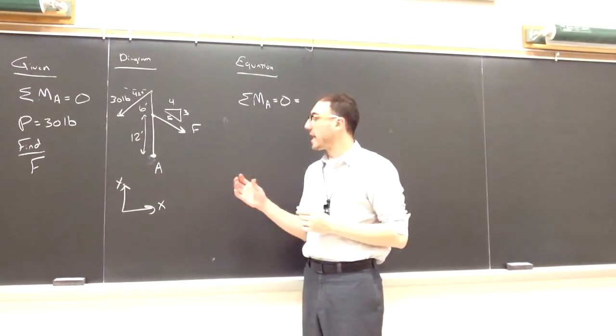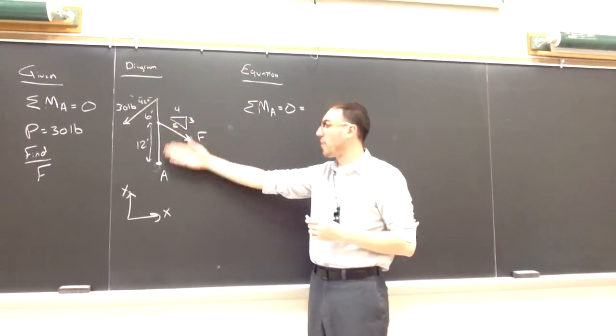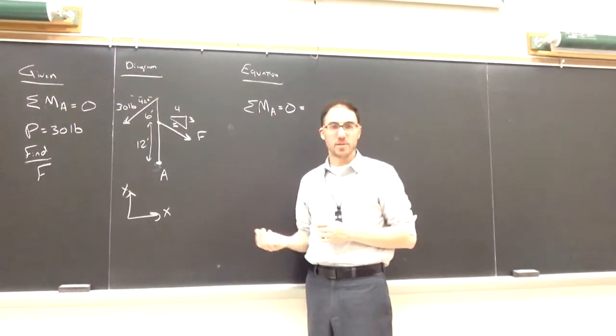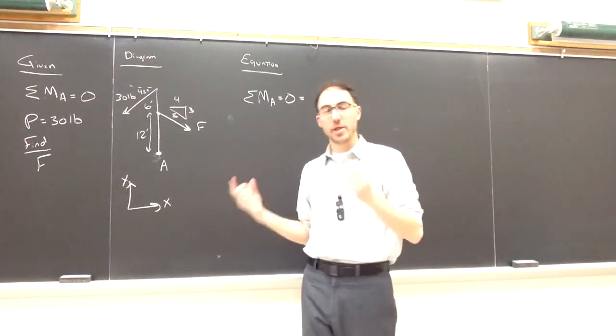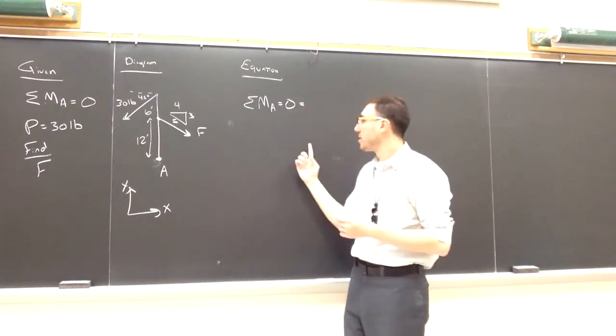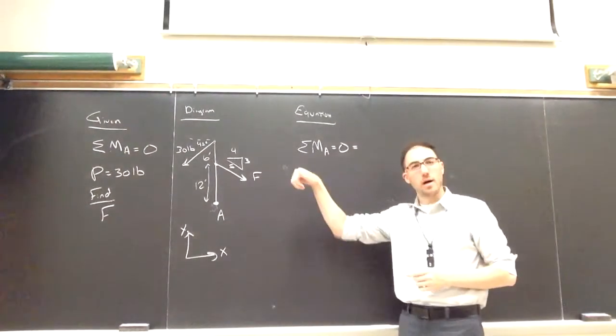In this case, when we have a force that is some distance away from that point, we're going to be able to see what the moment's contribution is due to that force. So again, thinking back to the wrench, we're applying a force a distance away from that bolt that's causing it to twist.